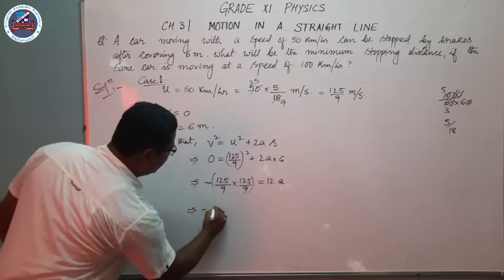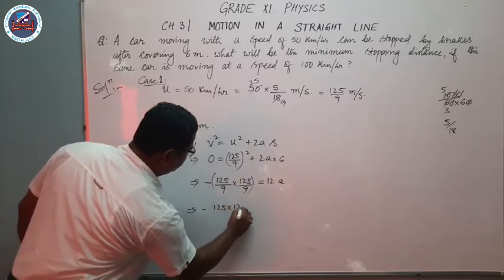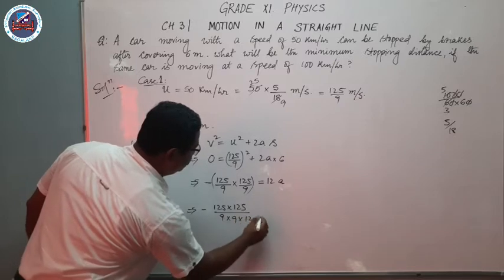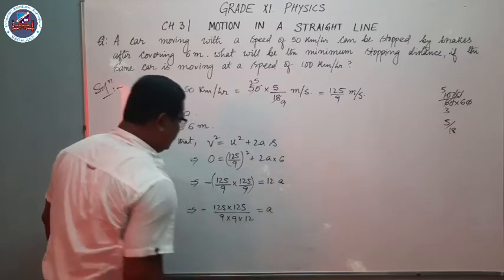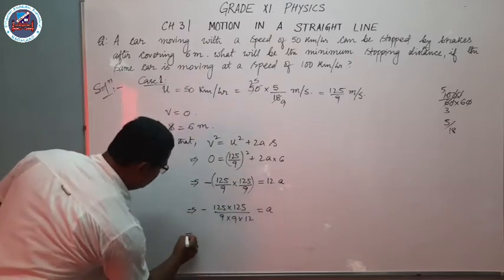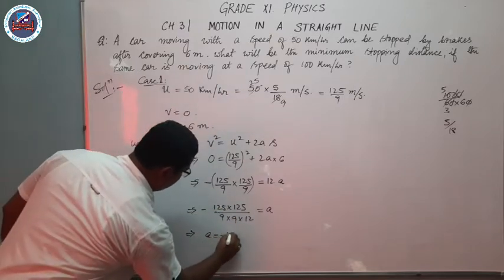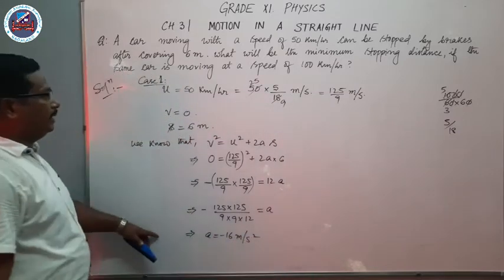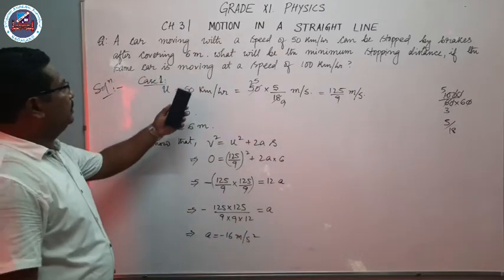So minus 125 into 125 divided by 9 into 9 into 12 is equal to a. If you multiply and divide, you get the value of a as minus 16 meters per second square.